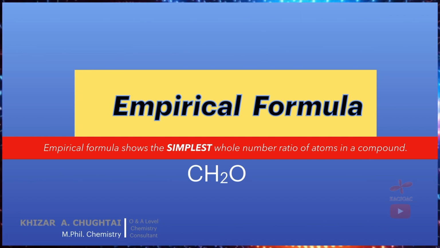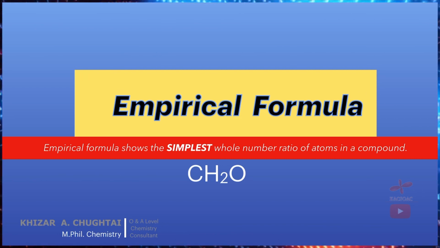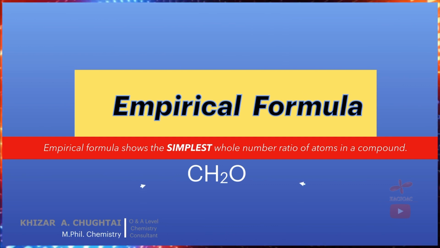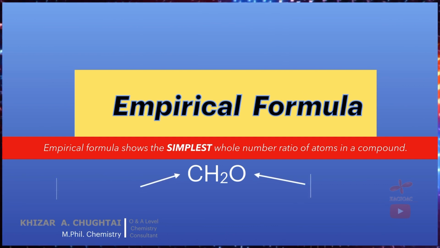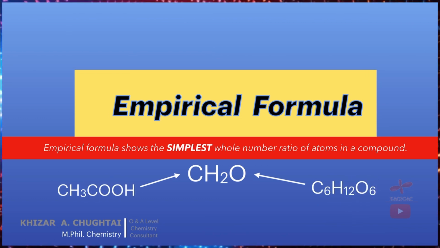However, the empirical formula is not very worthy, you can say, because on behalf of the empirical formula, we cannot check the actual identity of the molecule. For example, this CH2O is the empirical formula of glucose as well as ethanoic acid.